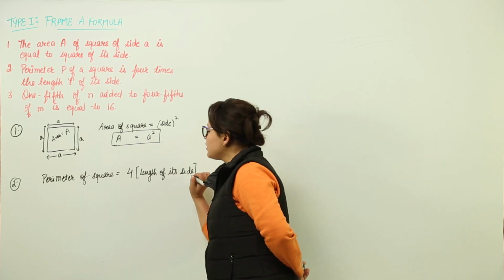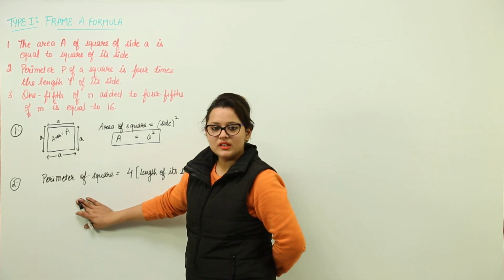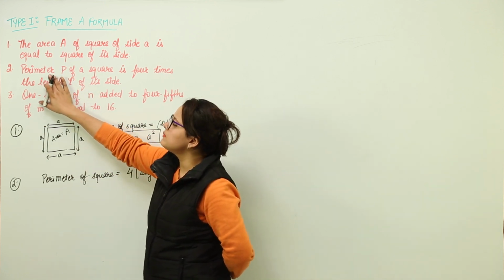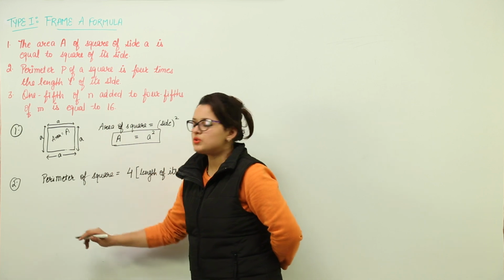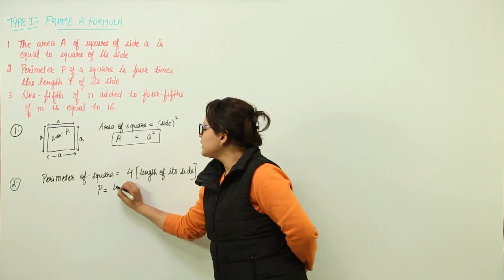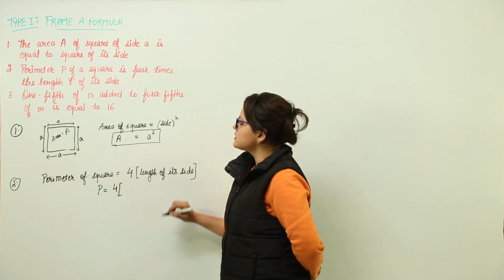That's good enough. Now we can place the variables according to this. What is the variable for perimeter over here? We have P. So we write P is equal to 4 times the length of its side.